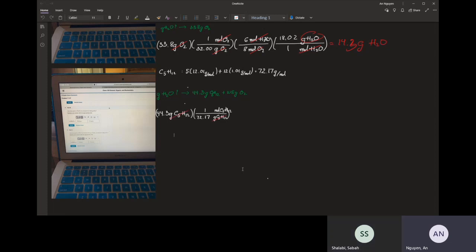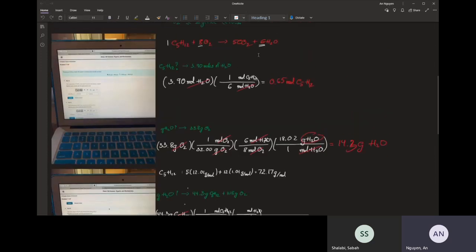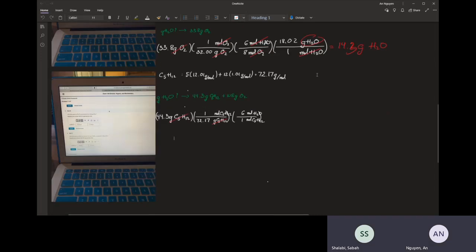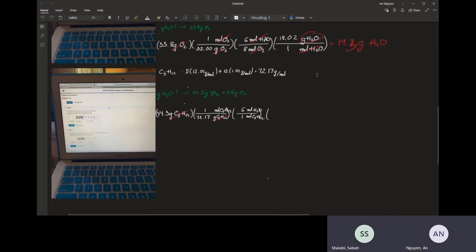Now we convert from moles of C5H12 to moles of water. By looking at the balanced equation, we can see that 6 water for every 1 C5H12, so we have 6 over 1. And then finally, we convert that to mass: 18.02 grams of H2O for every 1 mole of H2O.